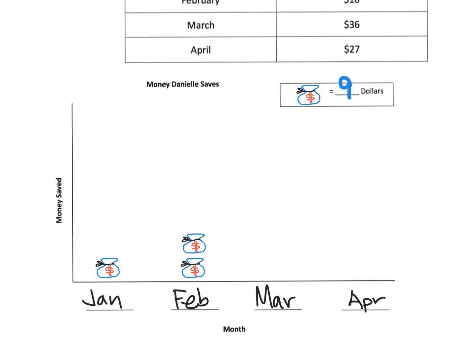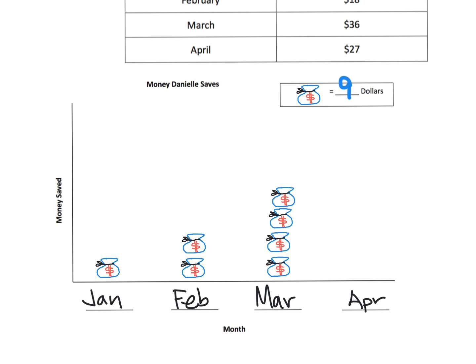One bag, one bag. And then going up here for March, we can see right here is 36. Well, 9 times 4 is 36. So that means we need 4 of those bags: 1, 2, 3, 4. And then lastly, we can see that April is 27, and 9 times 3 is 27.